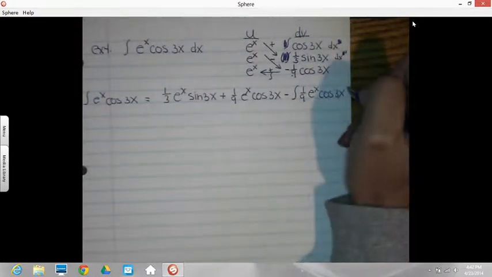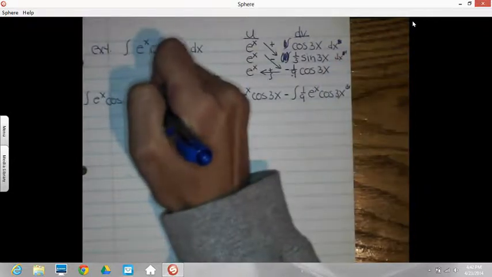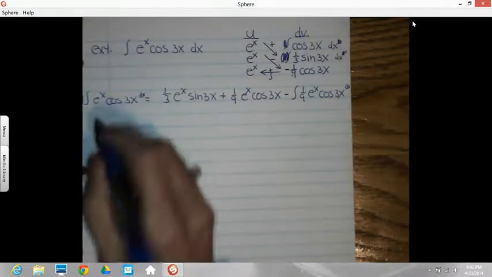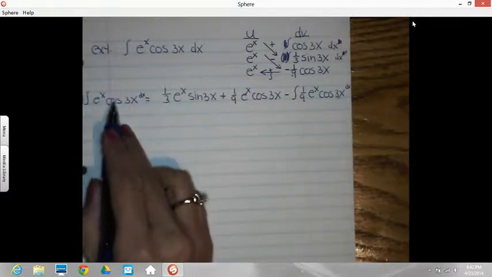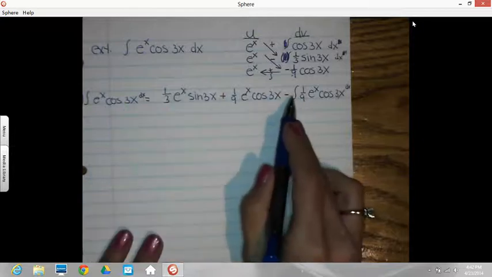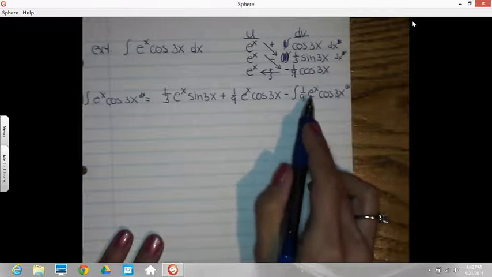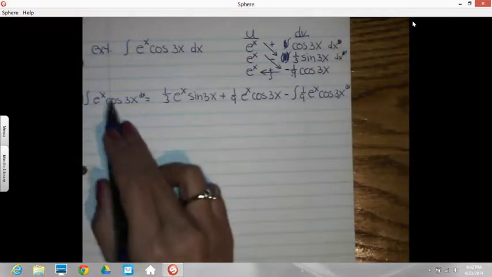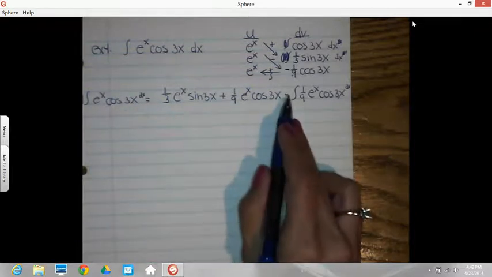Technically I need the dx there too. What I want you to recognize is I've got 1 times the integral of e to the x cosine 3x. Here, I could pull this 1/9 out in front. I've got a minus 1/9 e to the x cosine 3x. Think of them as apples. 1 apple minus 1/9 of an apple.